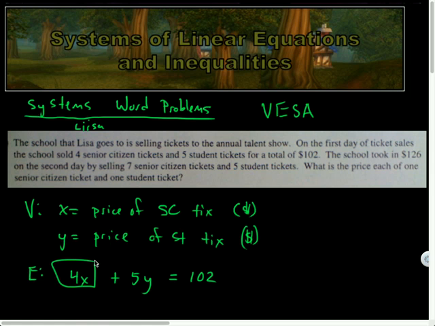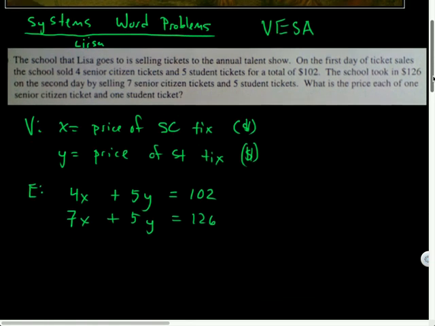So this term, 4 senior citizen tickets times the price of the senior citizen ticket, gives me the amount we got from the senior citizens, and this is the amount we got from the students. Add those amounts together, $102. Easy enough translation. Next fact, the school took in $126 the second day by selling 7 senior citizen tickets at X dollars apiece and 5 student tickets at Y dollars apiece. Okay, so there we go.